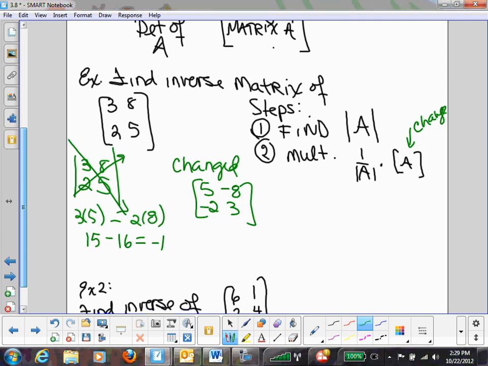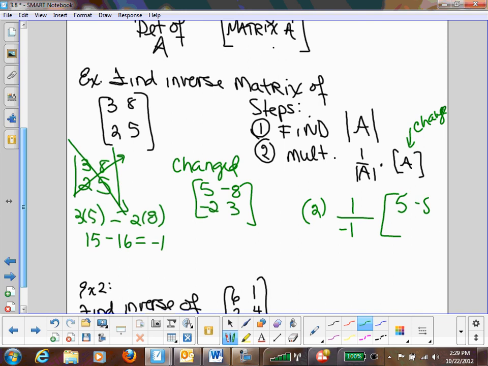Okay, and then we multiply. So here's step 2. Step 2 says multiply 1 over the determinant. What was the determinant? Negative 1. So we do 1 over negative 1, right? And we multiply it by 5, negative 8, negative 2, and 3. Well, what is that going to give me?